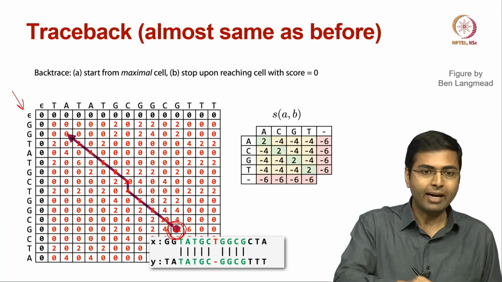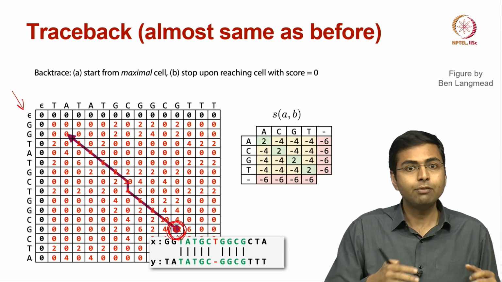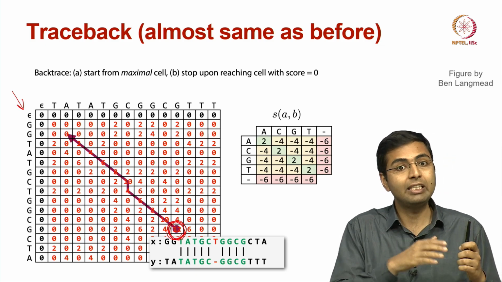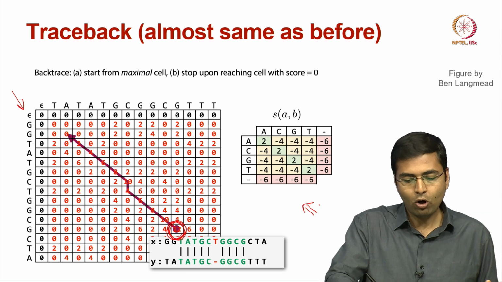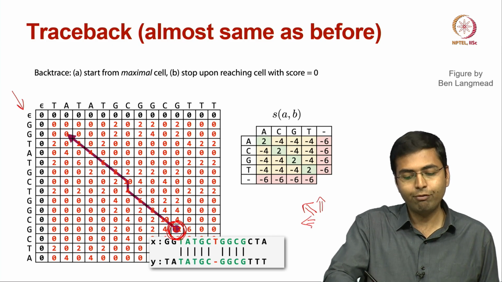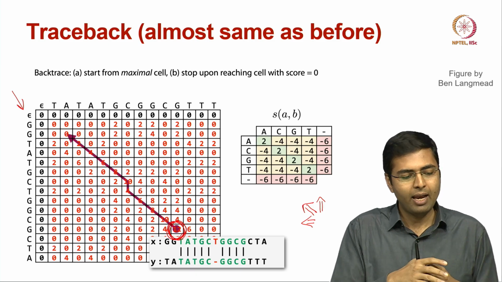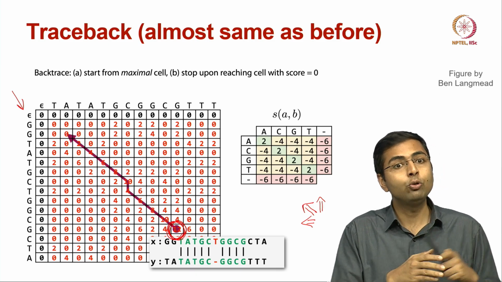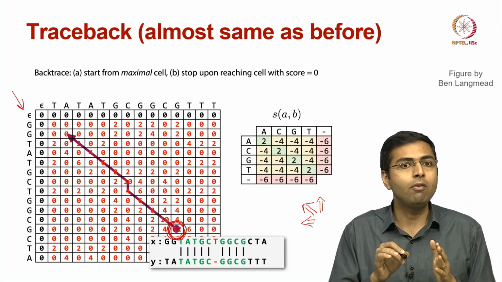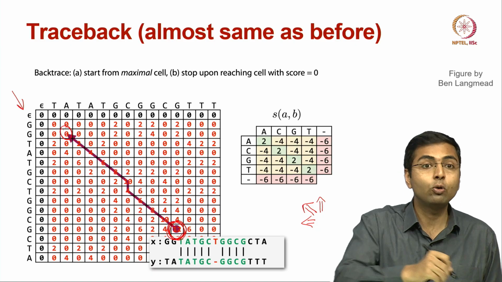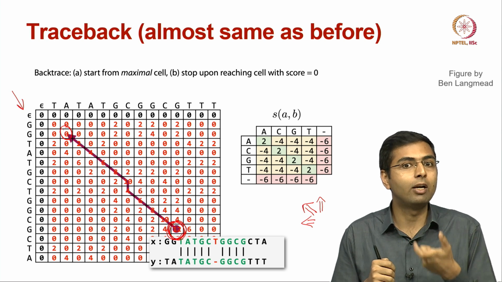From here we have to do the trace back, that is, we have to trace back our decisions on how we computed this score. As we move up in our recursion we will have to see what decisions we made, that is, did we use a diagonal value, or did we use an upper value, or did we use a left value while solving for each element, and depending on the choice we will go up. Except that in global alignment we used to go all the way to the top left. In case of local alignment we will stop at the cell which is equal to 0, because the value 0 indicates the start of the local alignment.